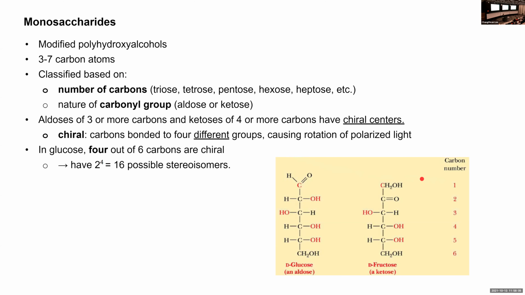I was going to do this a little later, but let's define the carbon numbers first. You always start with the aldehyde when you're numbering the carbons. So it always starts with this top one as C1, or carbon number 1, and then C2, C3, C4, C5, and C6 for hexoses. Of course, you can have trioses, tetroses and things like that, but the same thing applies. You always start with the aldehyde group or the carbonyl group, and then number them.